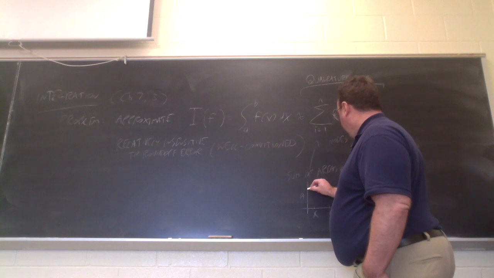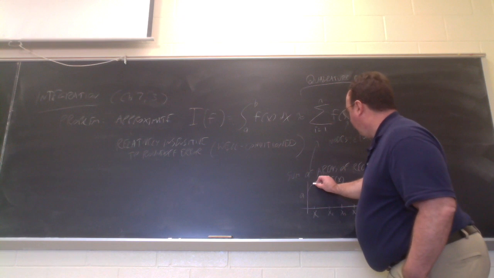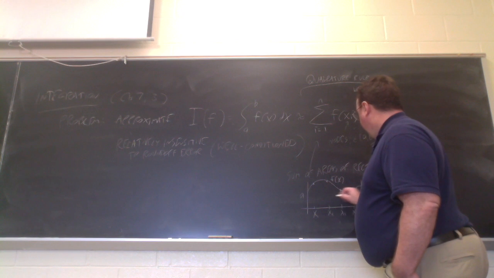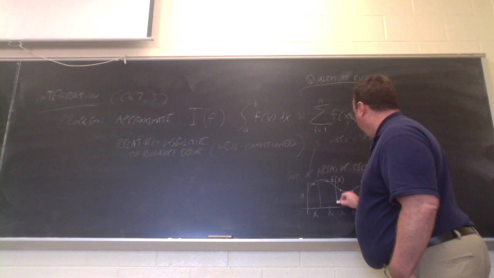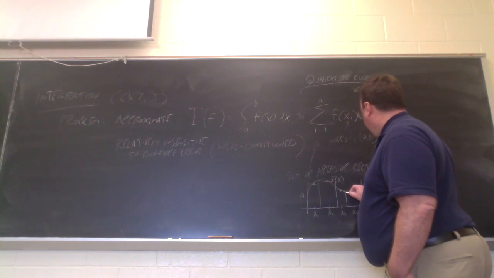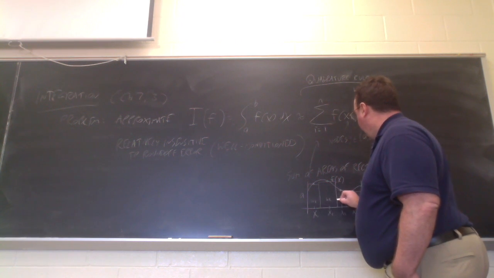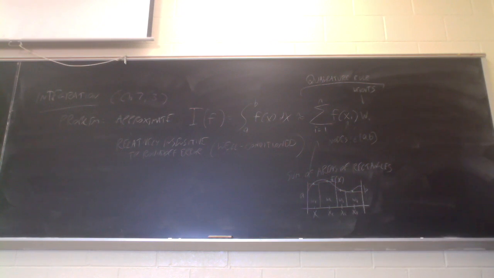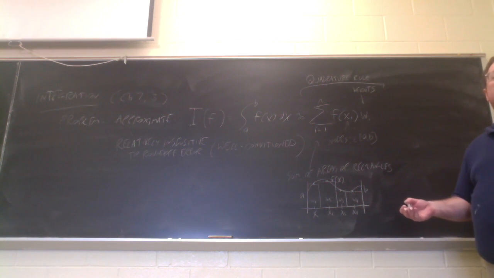And then here's my f, and I'll evaluate f at those points, those nodes, and then define rectangles having those function values as heights and the w_i's, so the width of these rectangles are given by the weights. Now, does anyone remember from Calculus 2, this kind of a sum of areas of rectangles, what do we call that? It's a Riemann sum.